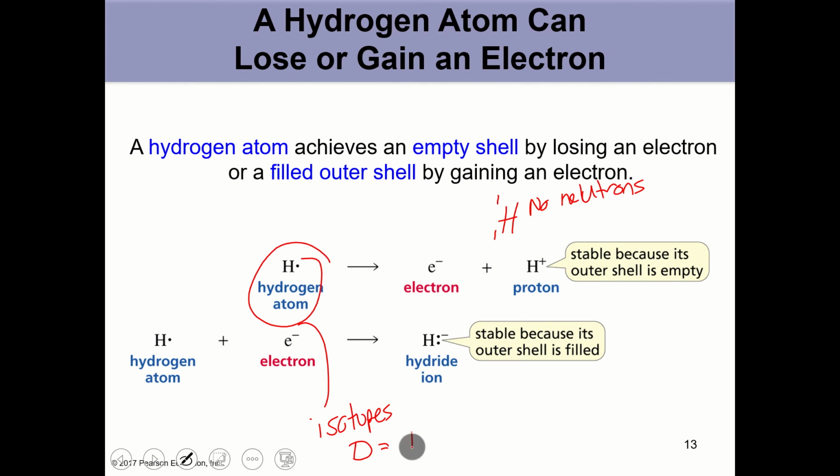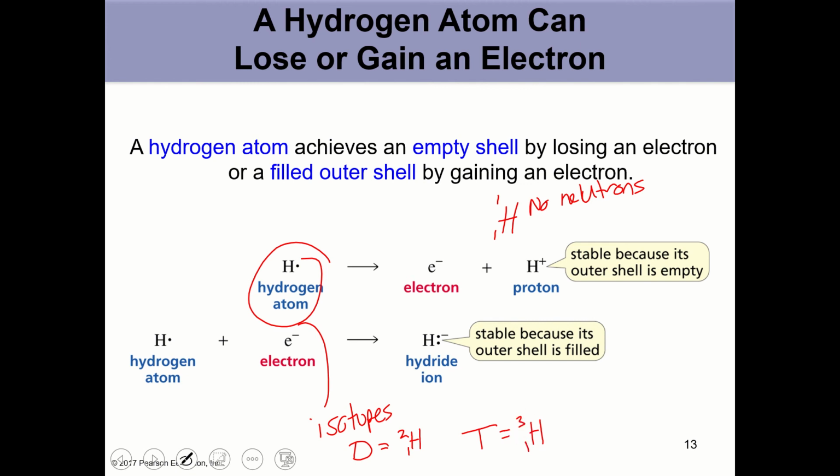This is a hydrogen that has a mass number of 2 and an atomic number of 1. For the other isotope of hydrogen, the radioactive isotope called tritium, we write T, and this is equal to a hydrogen that has a mass number of 3, atomic number of 1.